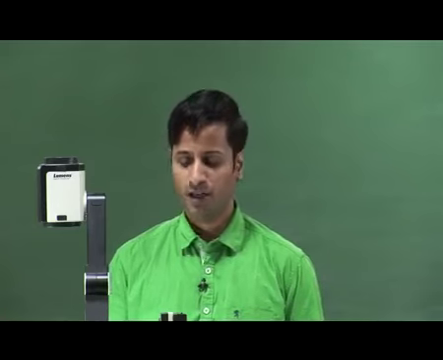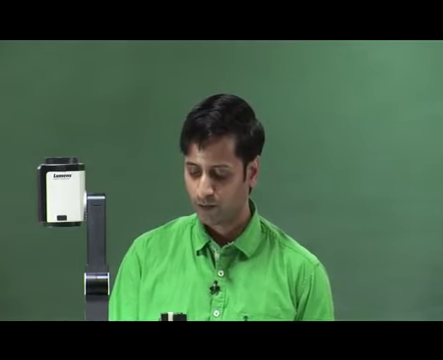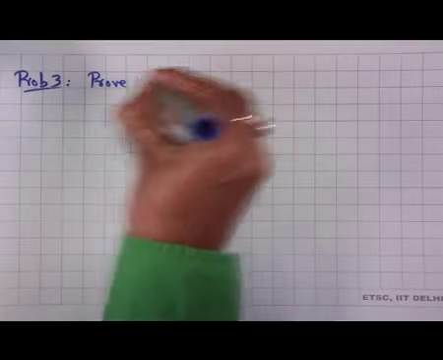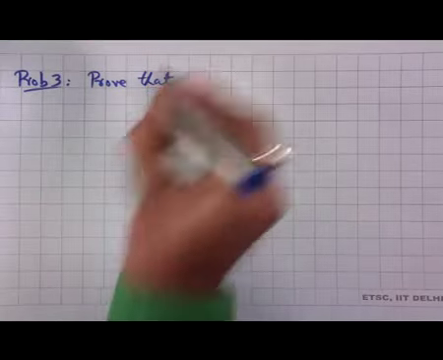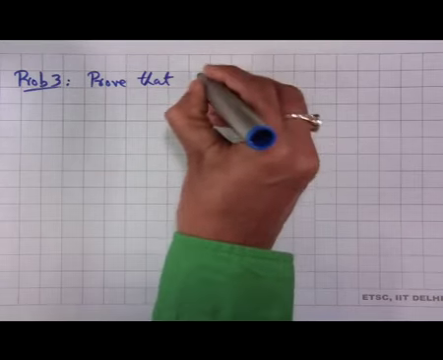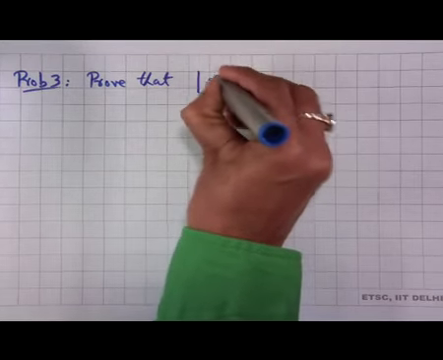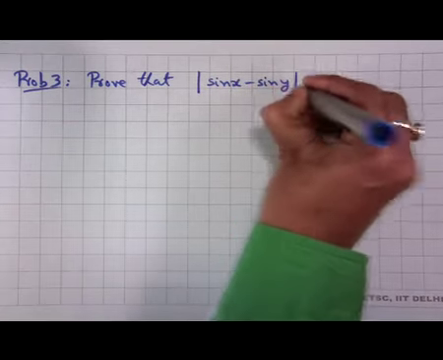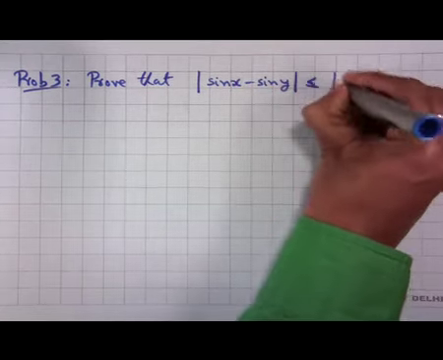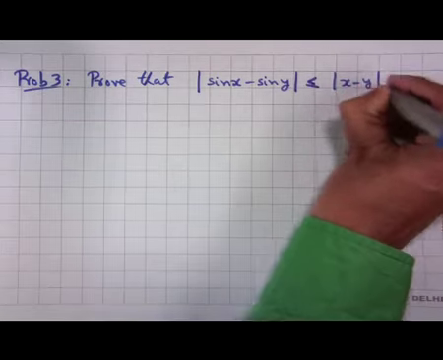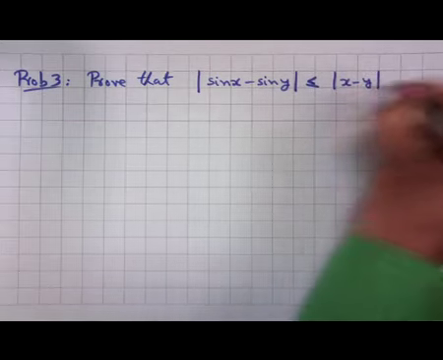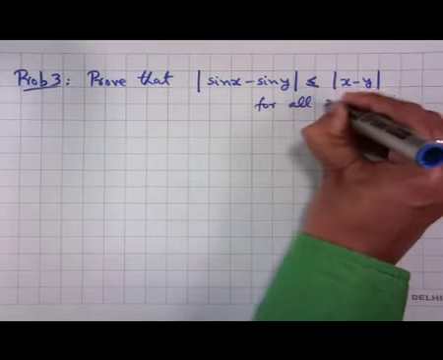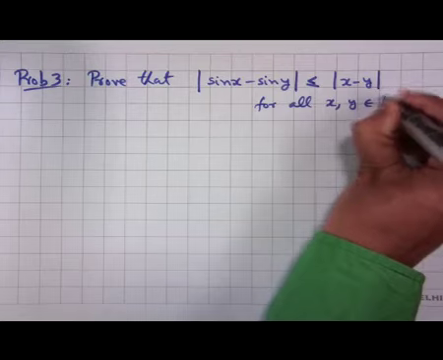We will do one more problem. Problem 3 is: prove that mod of sin x minus sin y is less than or equal to mod x minus y for all real numbers x, y.